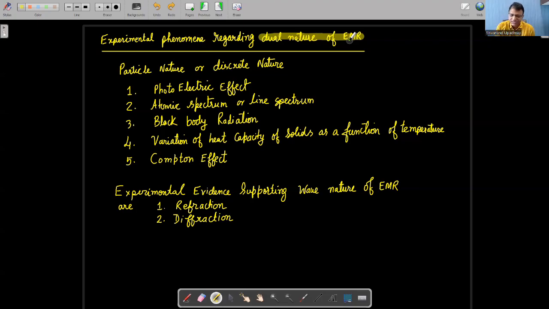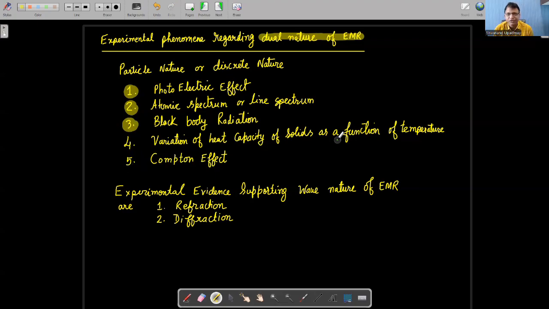If you go through your NCERT, they have discussed the photoelectric effect, atomic spectrum or line spectrum, and black body radiation. So these 3 are very important. Apart from this, these 2 are there in physics: Compton effect and variation of heat capacity of solid as a function of temperature.